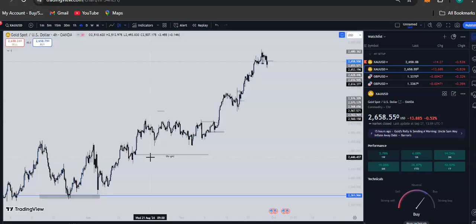When I put on the foresight, what we were looking at on Sunday evening was buys from here, which price failed to reach. We did not get price action coming all the way to this box.